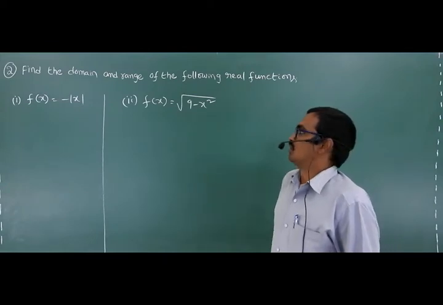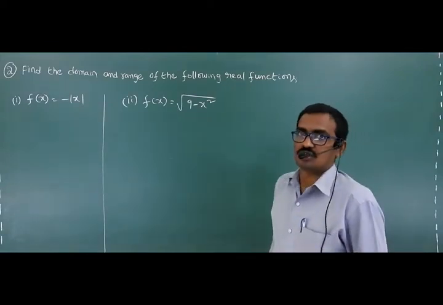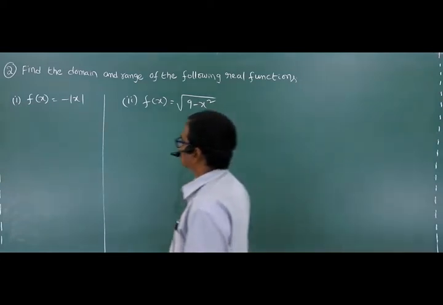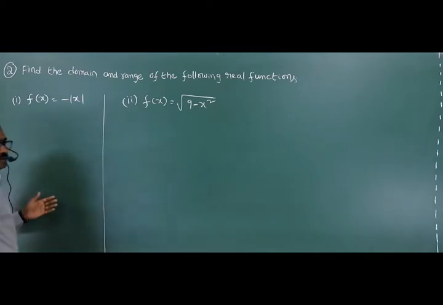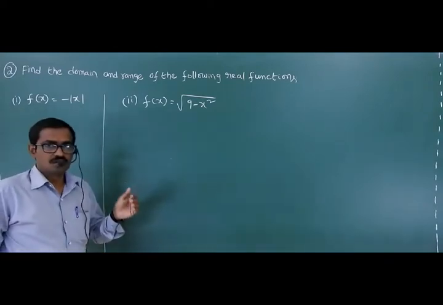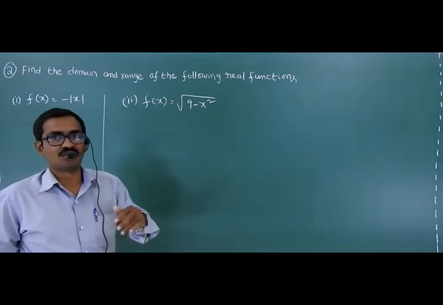Question number 2. Find the domain and range of the following real functions. F of x is equal to minus modulus of x. You know the domain of the modulus function is capital R and range is closed 0, open infinity.